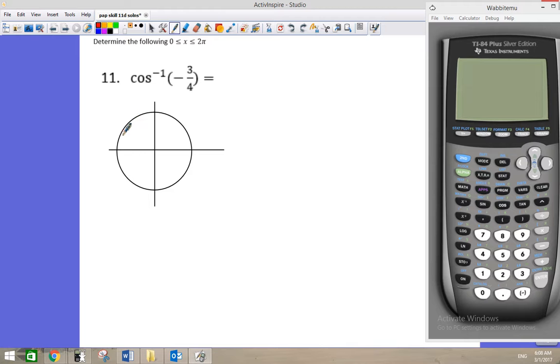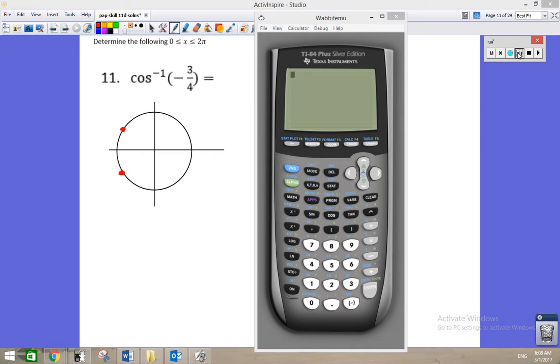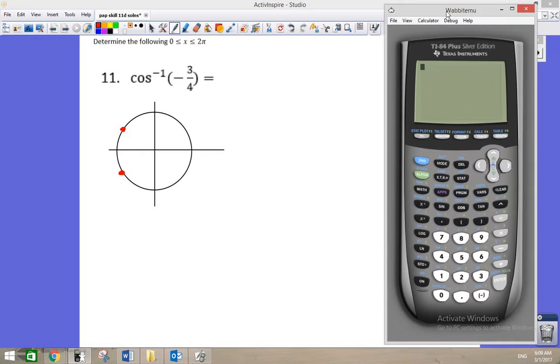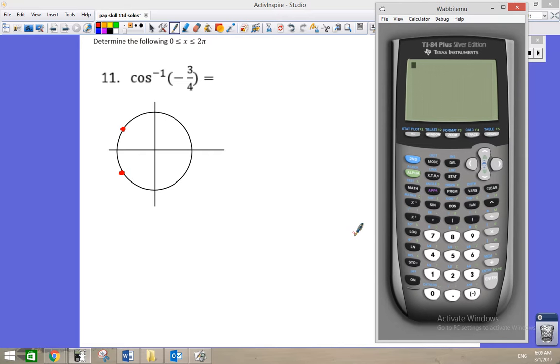That's going to happen in quadrants 2 and 3 because you're left of the y-axis. So on this unit circle, since this input is between -1 and +1, I know that there are 2 points that have an x coordinate of -3/4.